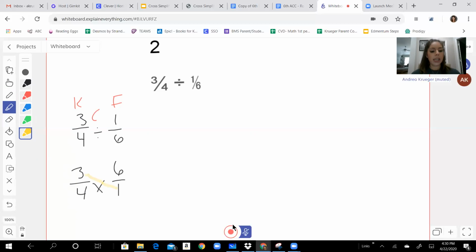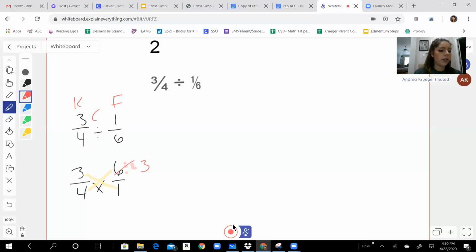So 3 and 1, we already know when 1's there, it can't be reduced any further. But now let's look this way, 6 and 4. Do 6 and 4 share a common factor? Yes, they do, 2. So 6 divided by 2, the new number is going to be 3.